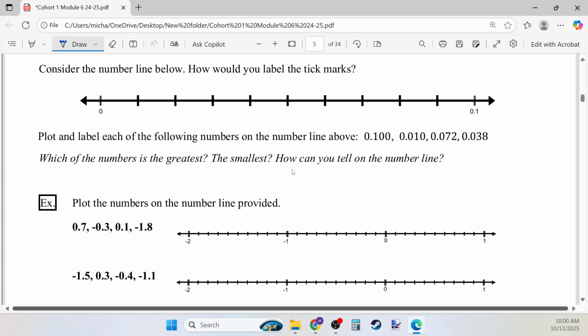Okay, consider the number line below. How would you label the tick marks? Well, if we're ending up at point 1 and we have 1, 2, 3, 4, 5, 6, 7, 8, 9, 10 tick marks to get across, I'm going to just divide point 1 into 10 groups like this.